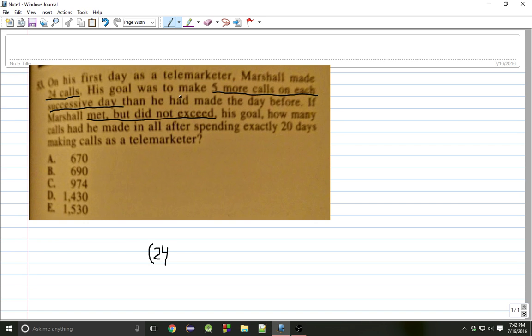Well, let's think this through. This is a long way to do it, but we might be able to discover a shortcut. If he got 24 on the first day, then on the second day he'd get 29.